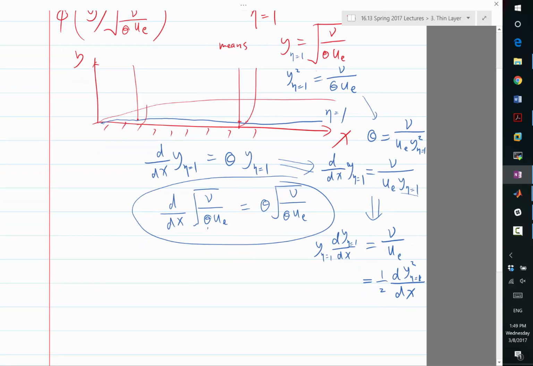So it also gives me that y at eta equal to 1 squared is actually going to be equal to, the 2 I'm going to move to the right hand side, nu over ue times x. Right, x is the location from 0 to any place. Also, we already applied the boundary condition at the leading edge. That's why there's no constant.